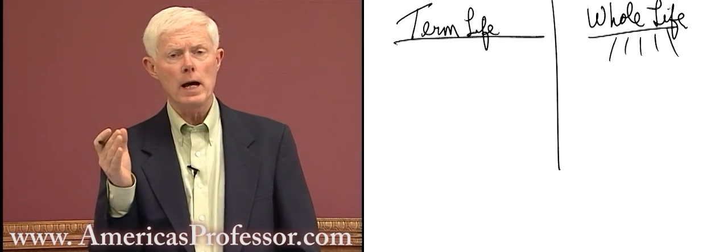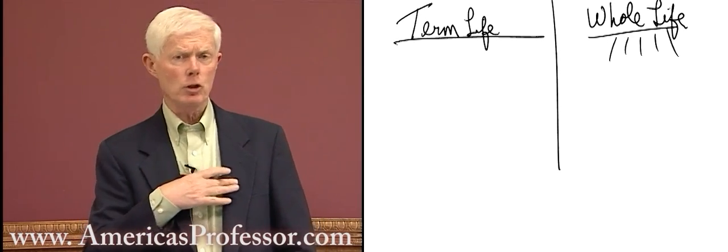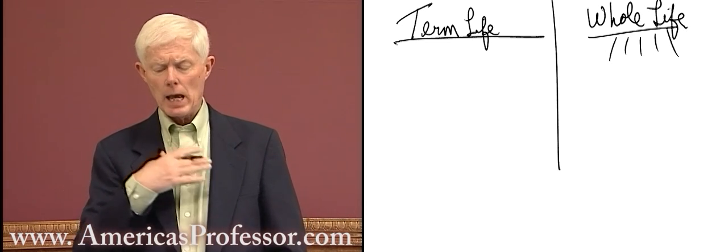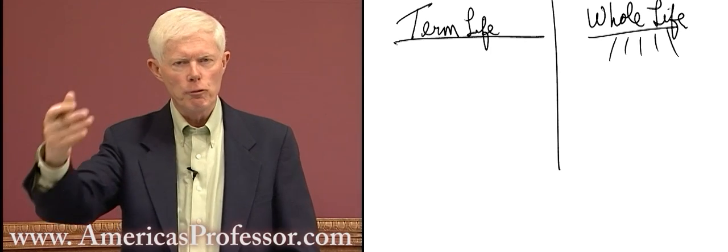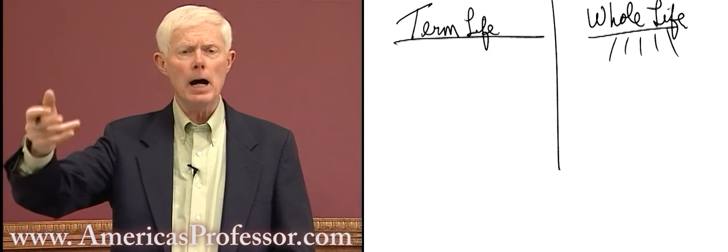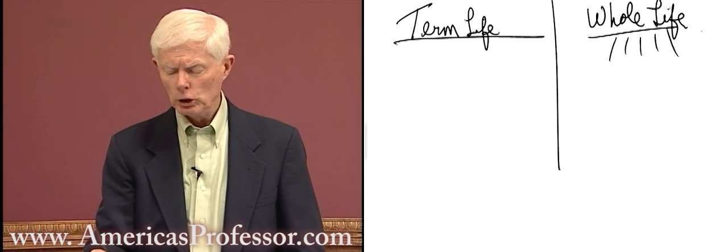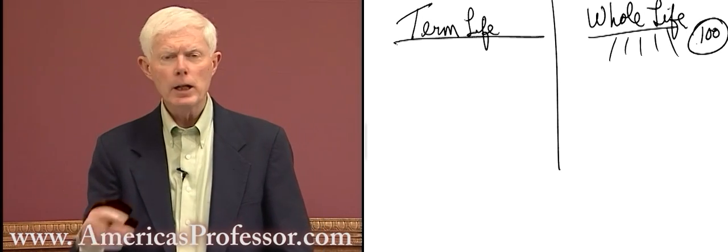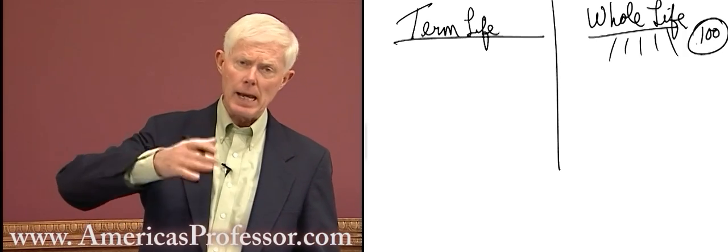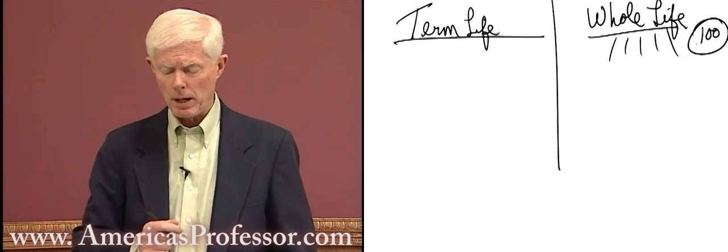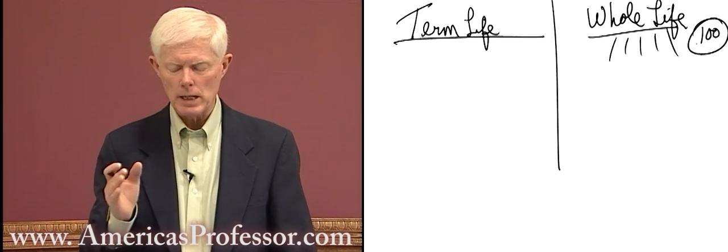With whole life, I take the physical once, pass it, and I have the right to be insured for my life, typically up to age 100. So when I reach 100, the actuaries assume that I have died and I'm paid out whatever the face amount of the life insurance policy is.